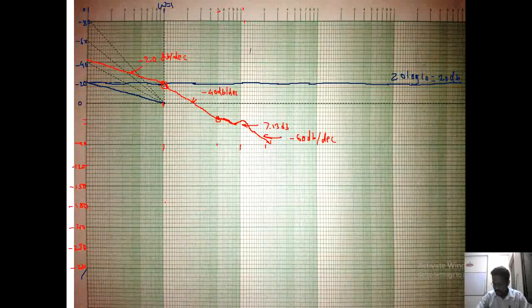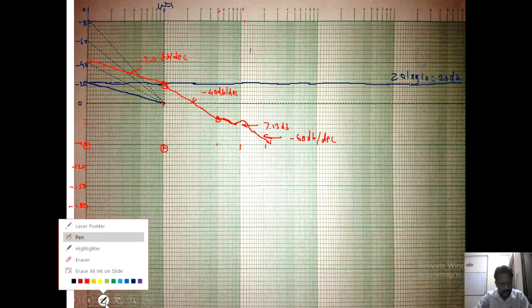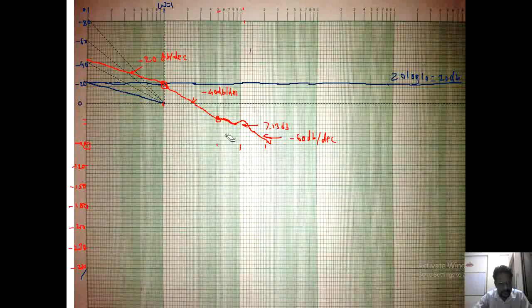The first value is minus 94.7, suppose here. At omega equal to 0.1 the value is 94 here, then for omega equal to 1 the value is 126; this is 120, one block is 6, so 126 here.